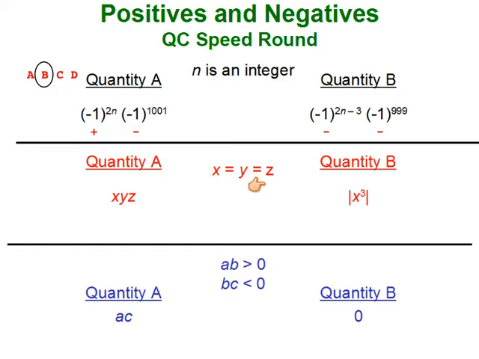Because if they're all positive, then column A and column B are equal, in which case we would have to eliminate, following good strategy here. We wouldn't just choose an answer, we'd eliminate in one case. So if they're positive, both columns are positive, which means that A will never be bigger and B will never be bigger.